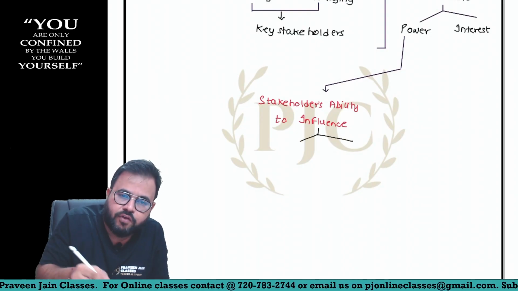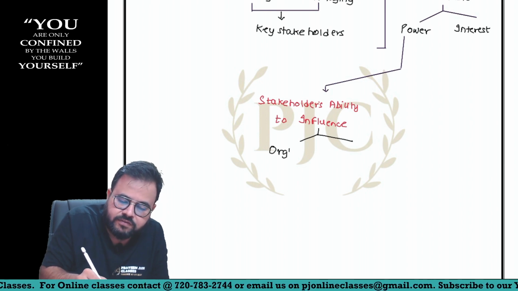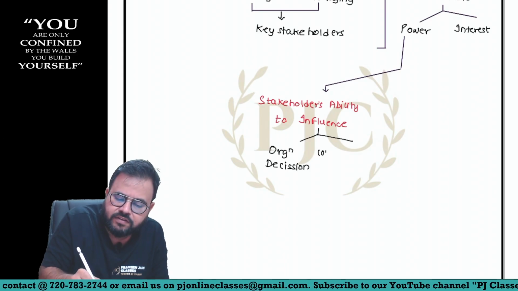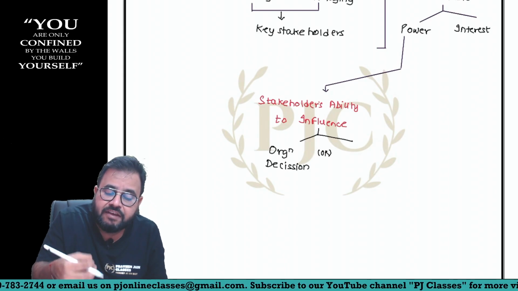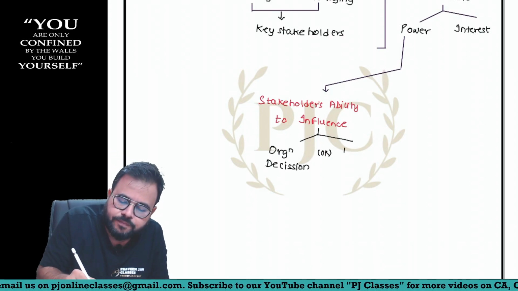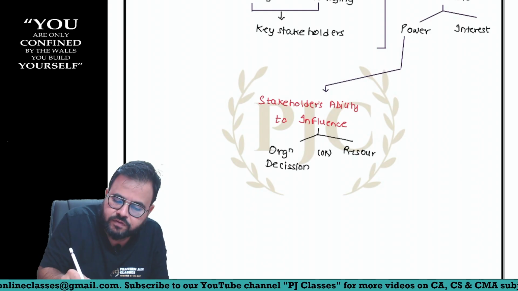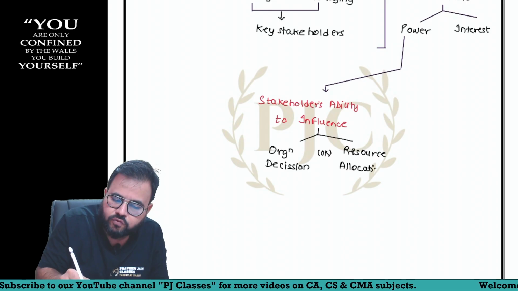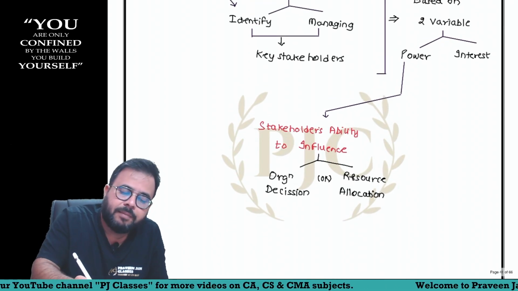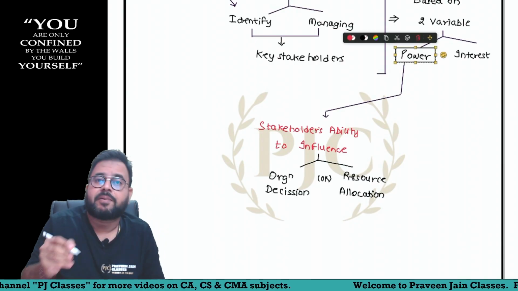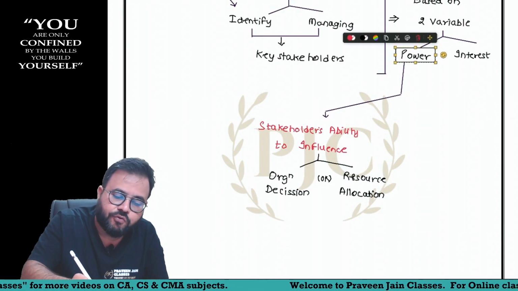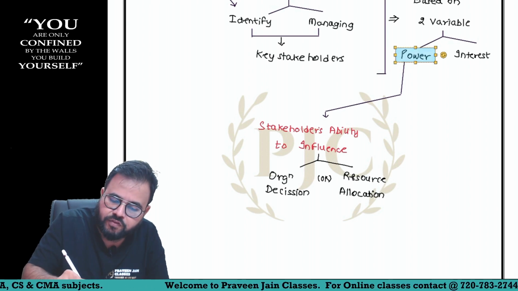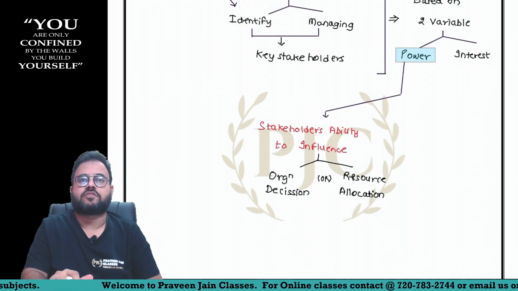He can either influence the organization's decisions, or he can influence the way in which we are going to allocate our resources, or resource allocation. That is what I mean by power. So a stakeholder is going to influence the decision making process of the company or the resource allocation process of the company.